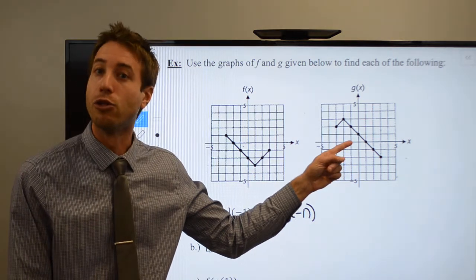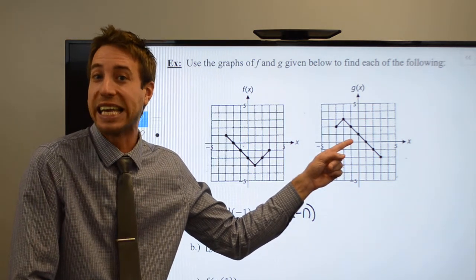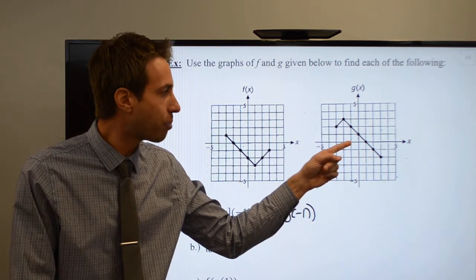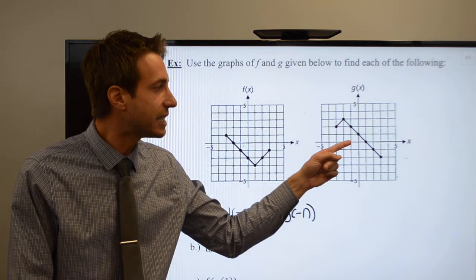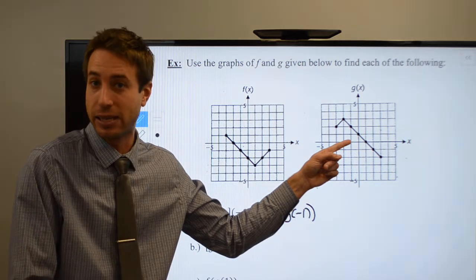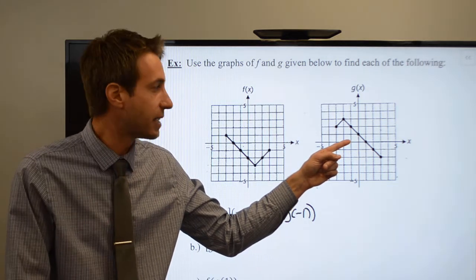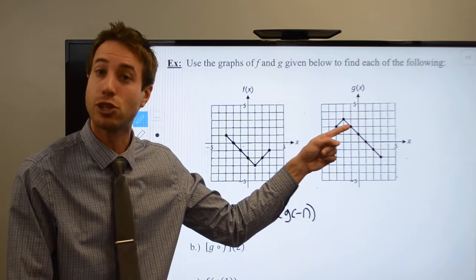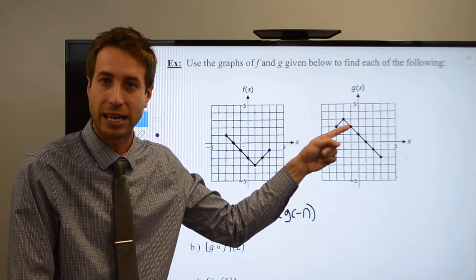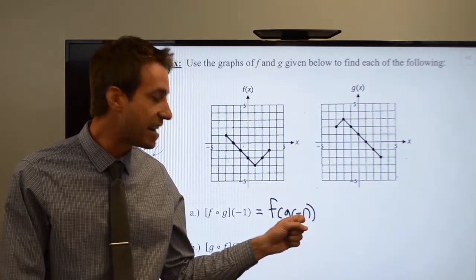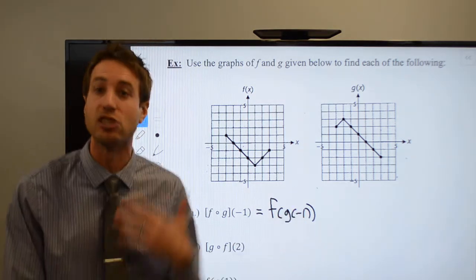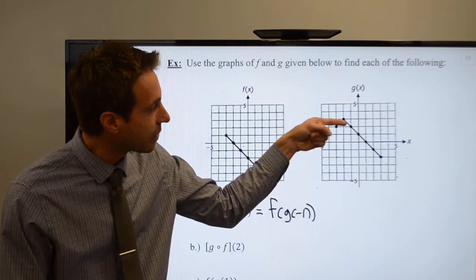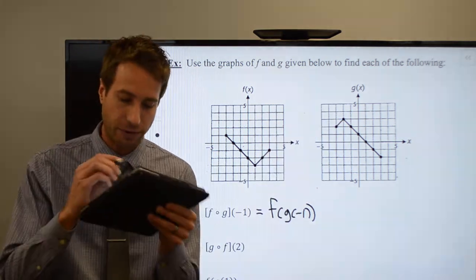Now, the range value, what I get out, is the y. Range is y. So if I plug in a -1, g tells me the y value is wherever the graph is at, which is at +2. So when you plug in a -1 into g, g gives you back a +2.